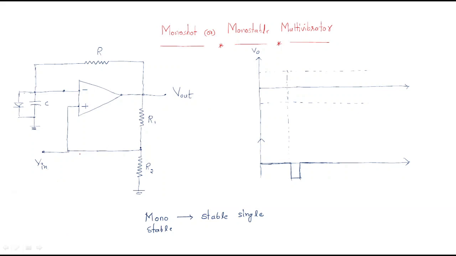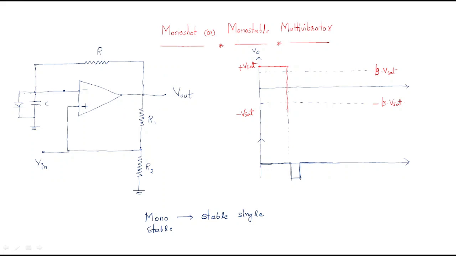For example, initially there is no output, then the output will be produced like this: between plus V saturation and minus V saturation. This is beta times V saturation, and this is minus beta times V saturation. These also have some limits. It is the internal circuit, there is no need to think about it.